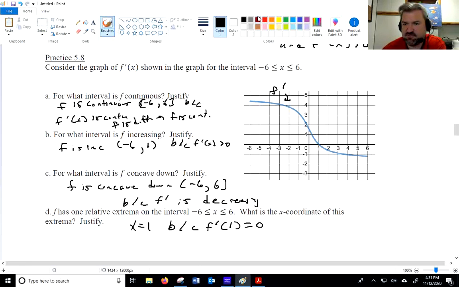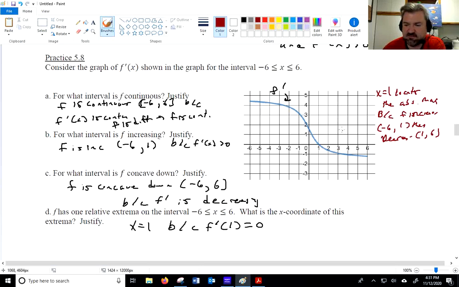So definitely we can say that x equals 1 locates the absolute max because f increases from -6 to 1, then decreases from 1 to 6.